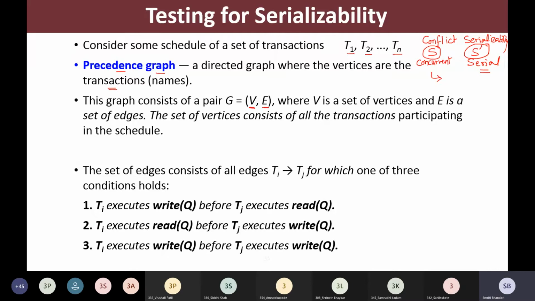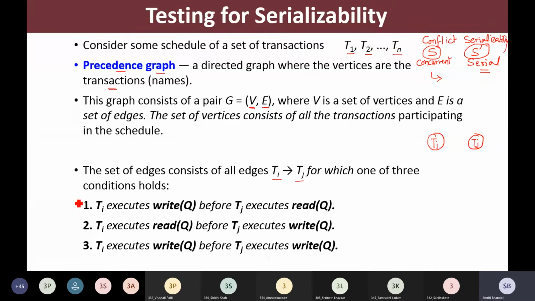So we are talking about right now the conflict serializability. So the set of edges consists of the edges of the form from Ti to Tj, for which one of the three conditions hold. If I am having two nodes in my precedence graph, one node representing one transaction, say Ti, another node representing another transaction, say Tj, then how to determine whether there is an edge between these two nodes, how to draw the edges in the graph.